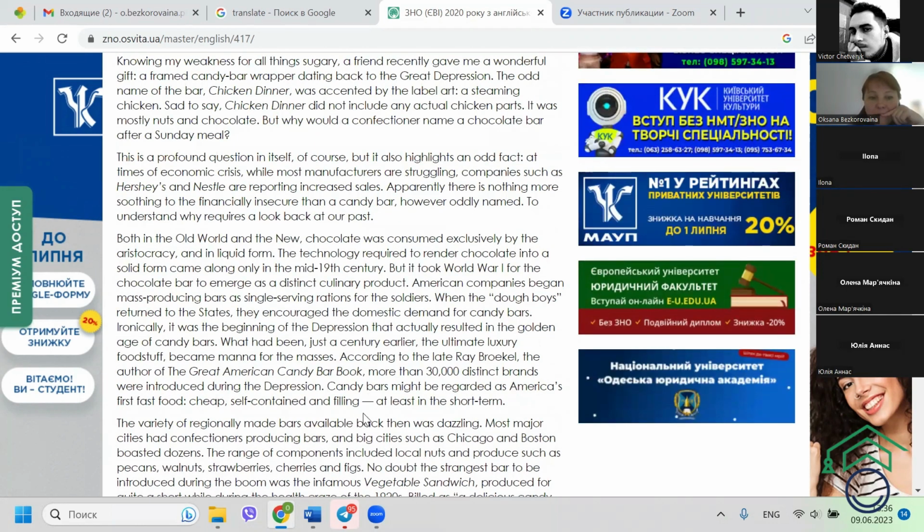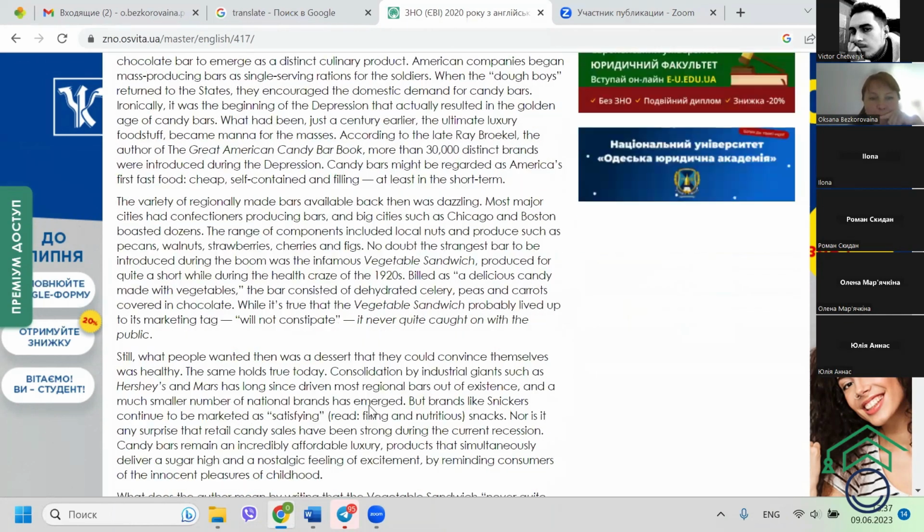Може трішки опустити, будь ласка. The bar consisted of... А ні, ну це теж ні. Про що нам це скаже? Ні про що. Produced for quite a short while during the health craze in the 1920s. Може оце, що я просто його пропустив.